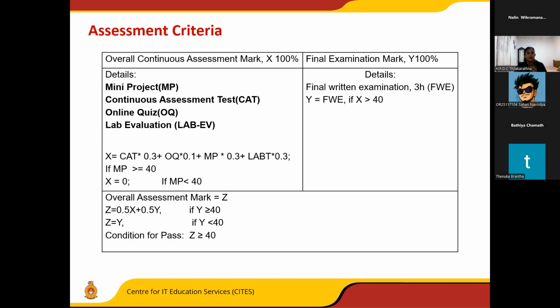And when I talk about the mini project, you should submit your mini project. Then your mini project will be evaluated through a viva, and there will be a CAT and online quiz, right?